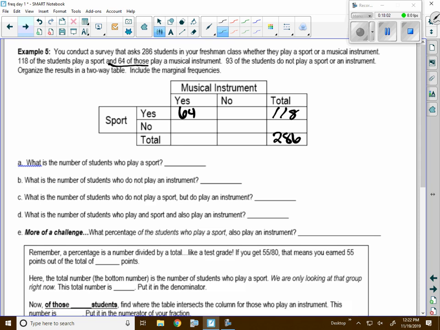93 of the students do not play a sport or an instrument. What box is that going to go in? Right here, right? That's where we want that to go, 93. Right, now we have to organize and figure out the rest of the numbers. So go ahead and do your subtraction and your addition to figure out the rest of those boxes.